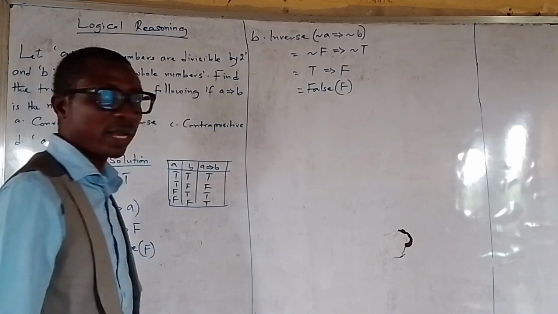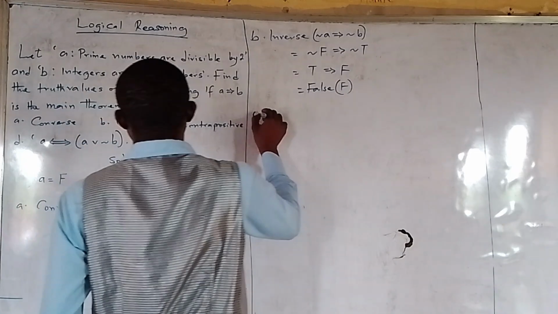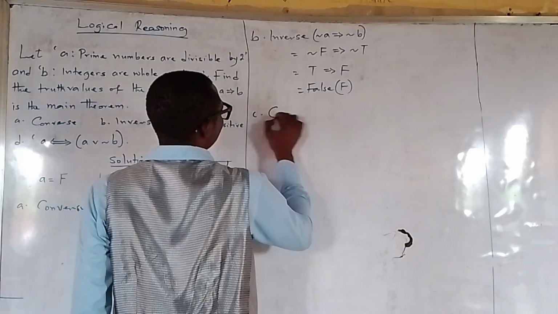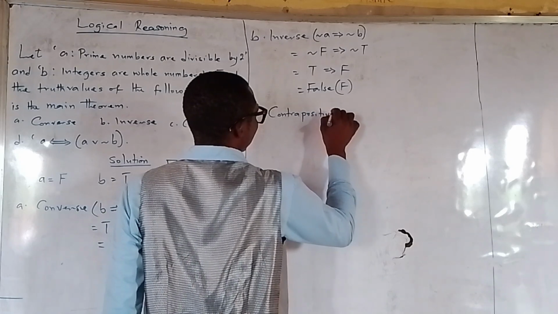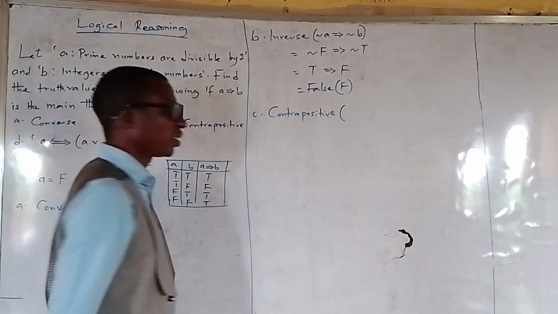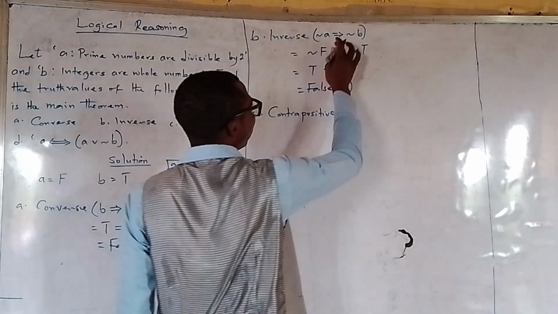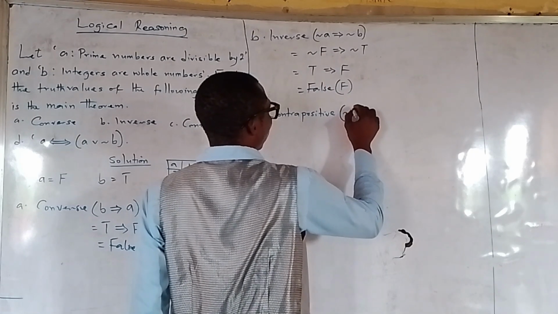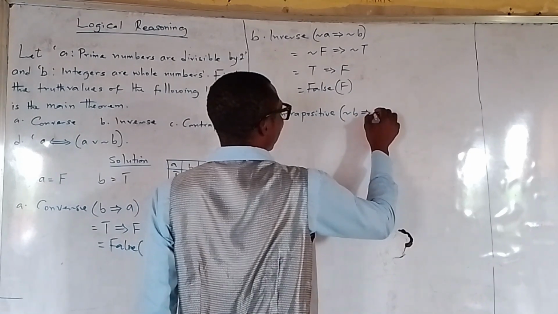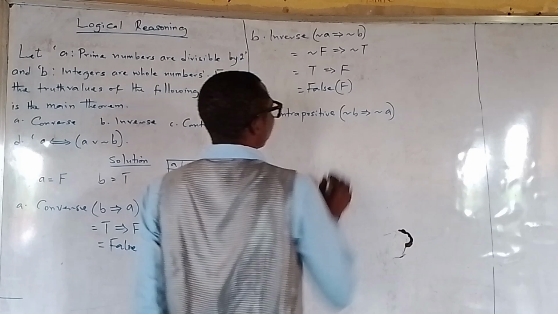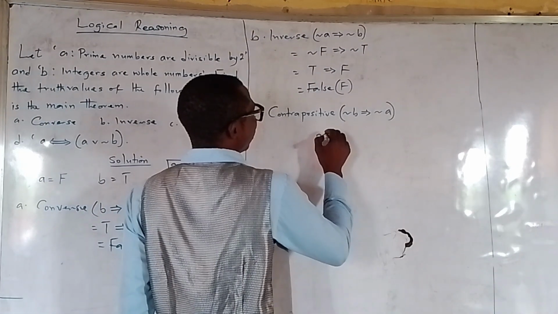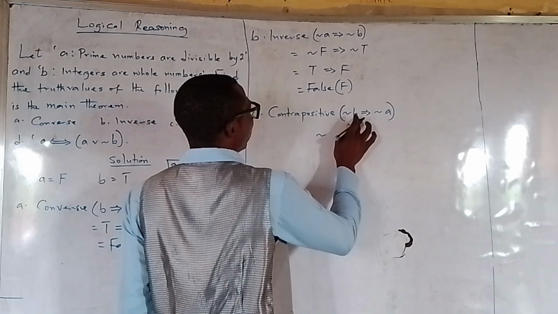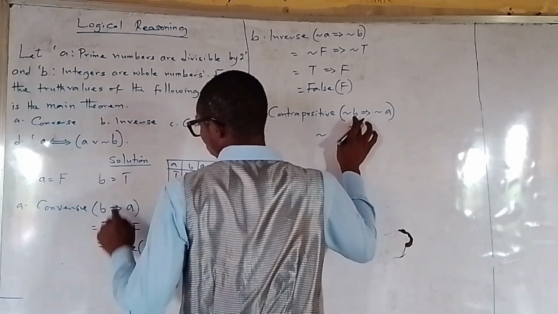Okay? So now let's move to the third one. That's contrapositive. Contrapositive is the negation, it's the reverse of the inverse: negation of B implies negation of A. Okay, so you substitute here. Negation of B is what? B is true.